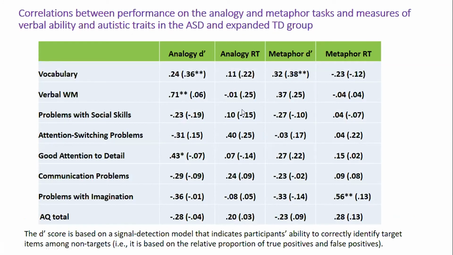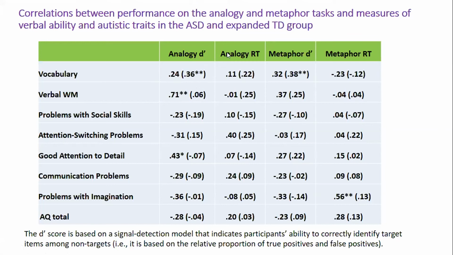And in terms of correlations with measures of verbal ability and autistic traits, in this correlation matrix, you see correlations for the autistic group first, and then in brackets, you see correlations for the control group. This is the expanded control or typically developing group, so this involves all participants, not just those participants who were matched to the autistic group.